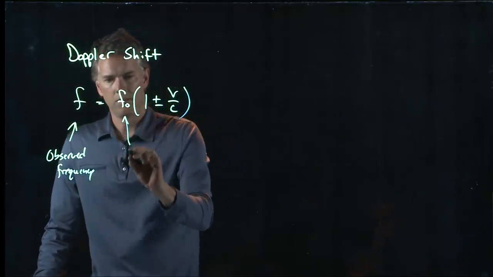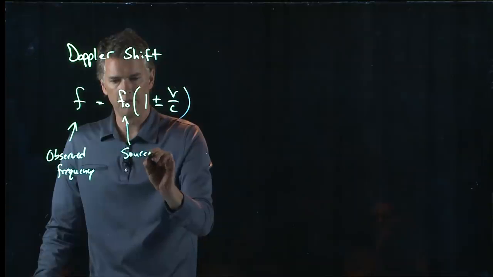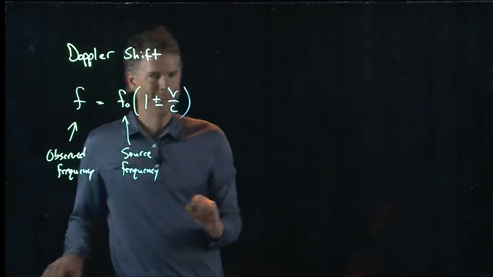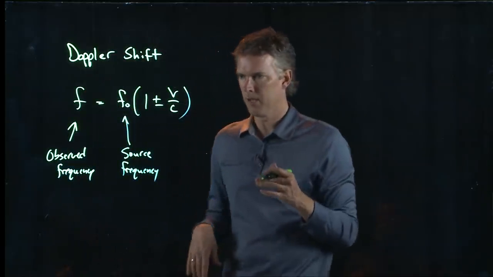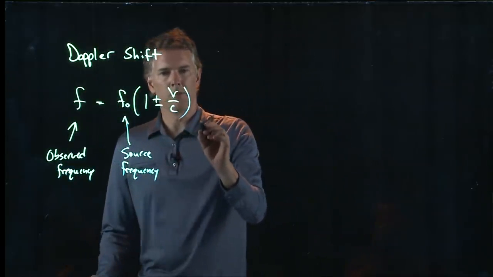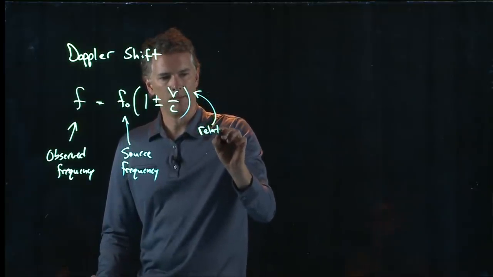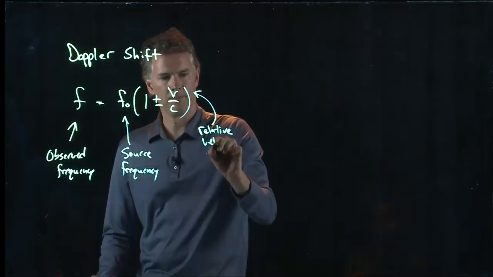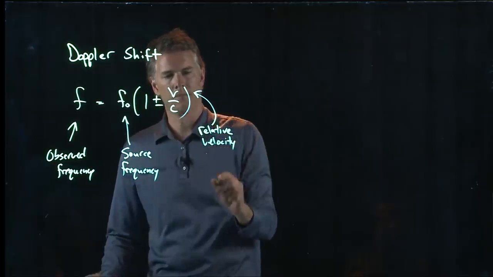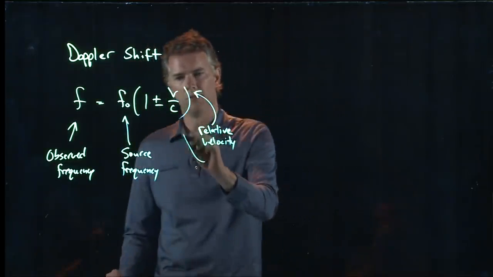This is the source frequency, that wave that it's emitting. If it was all at rest, what would it be? v is, of course, the relative velocity. c is the speed of light.